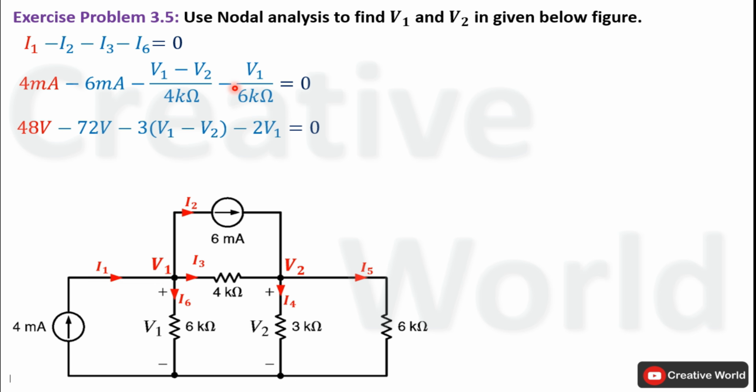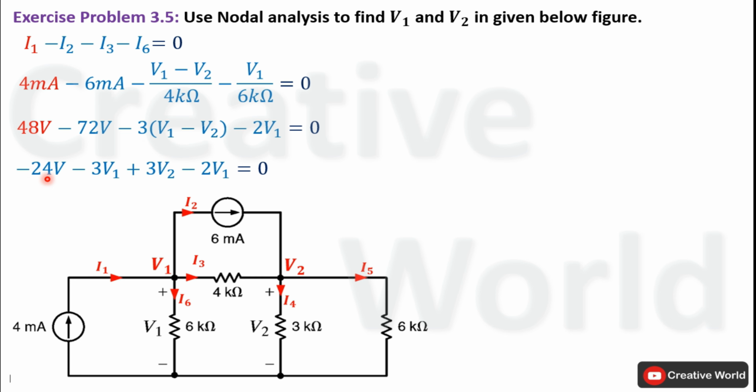Here 12 kilo ohm will cancel out with 6 kilo ohm in the denominator, only 2 will be left, and that 2 will be multiplied with V1, it will become 2V1. Now open these brackets and subtract 48 volt from 72 volt, the equation will become minus 24 volt minus 3V1 plus 3V2 minus 2V1.